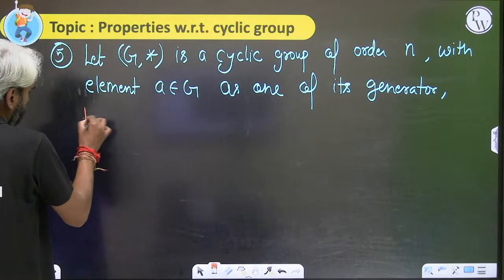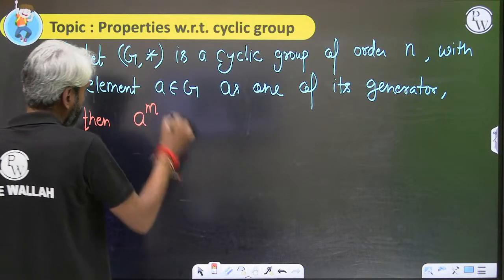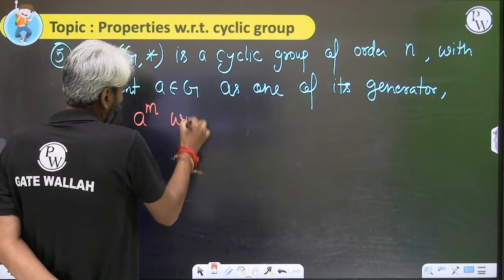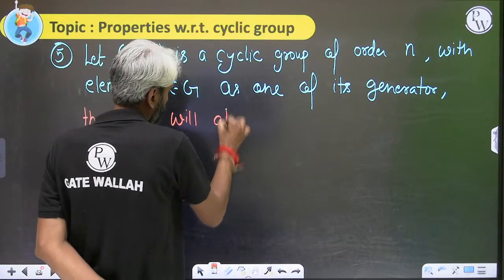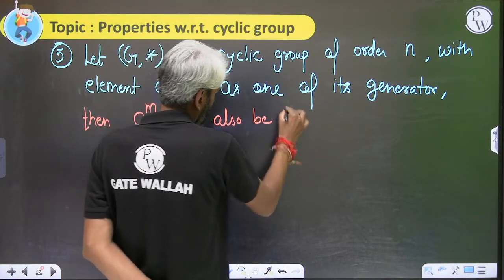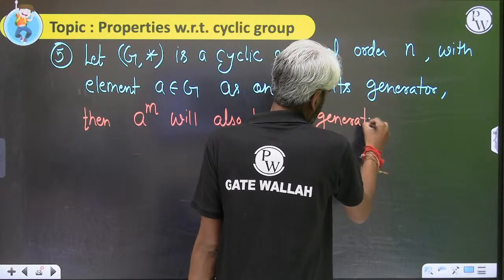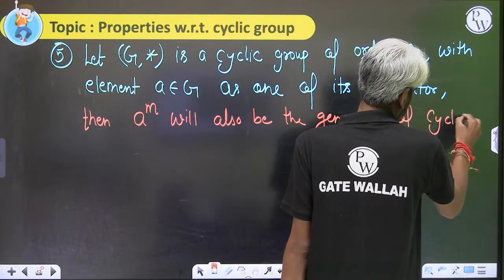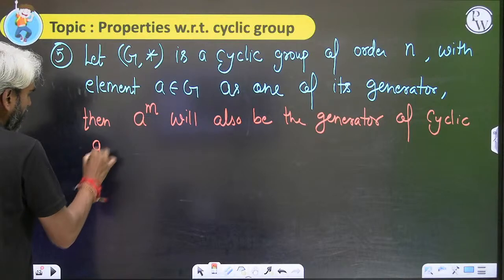Then A raised to the power m will also be a generator of the cyclic group.